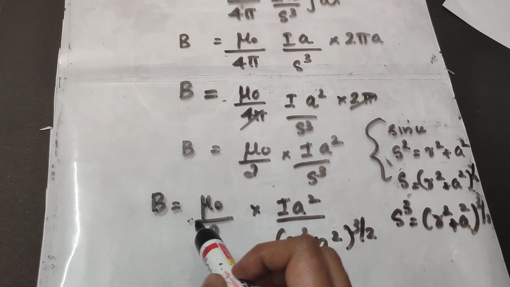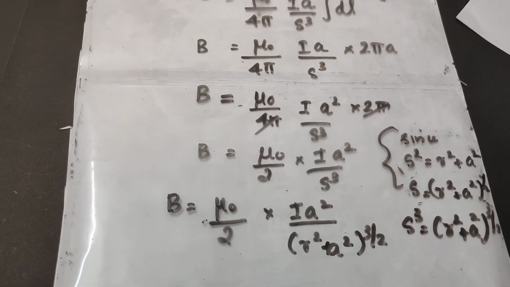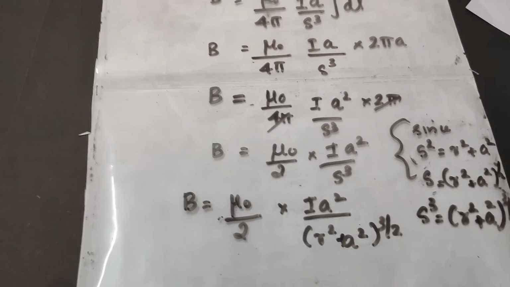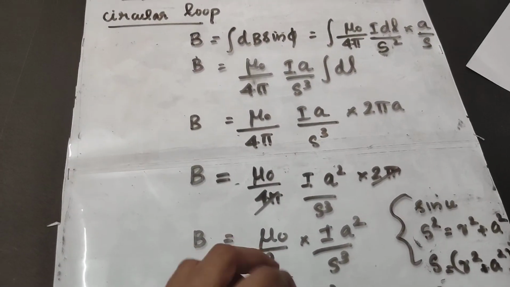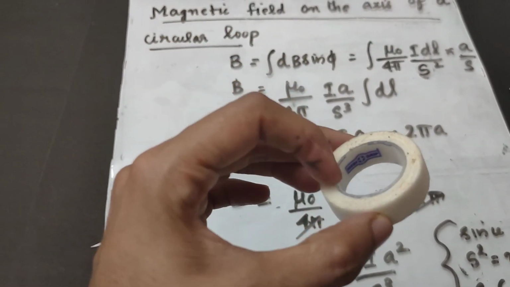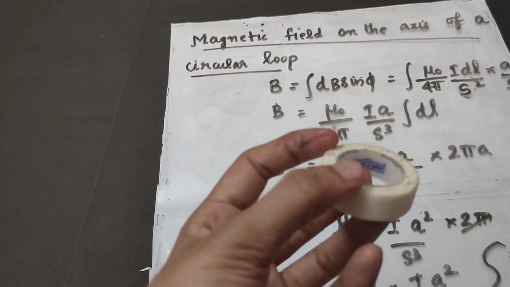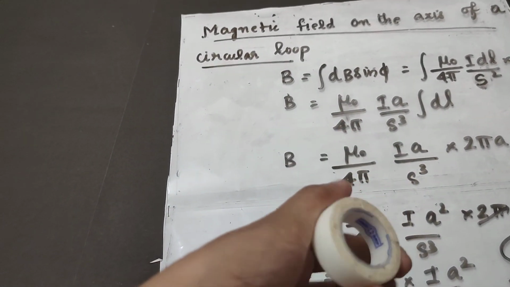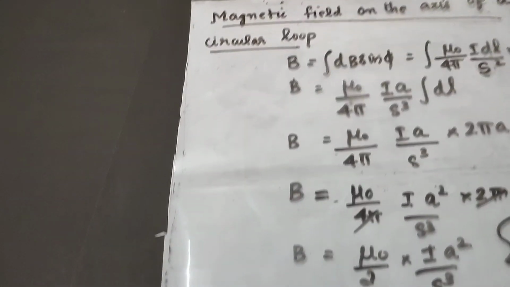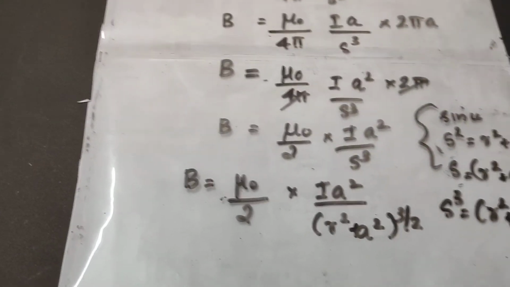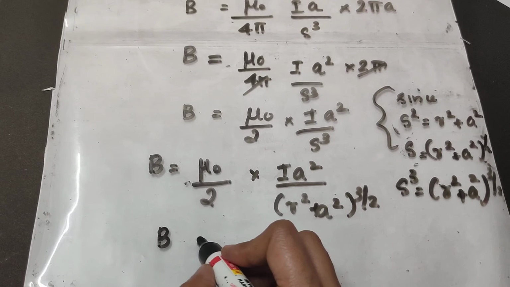And if the coil has n turns, instead of a single turn, if the loop has n number of turns, like this, we can write the total magnetic field by considering the contribution from each turn.